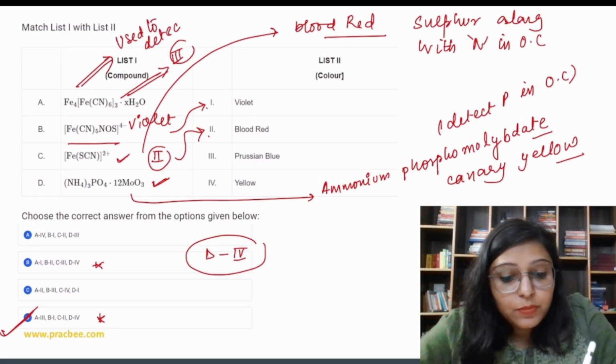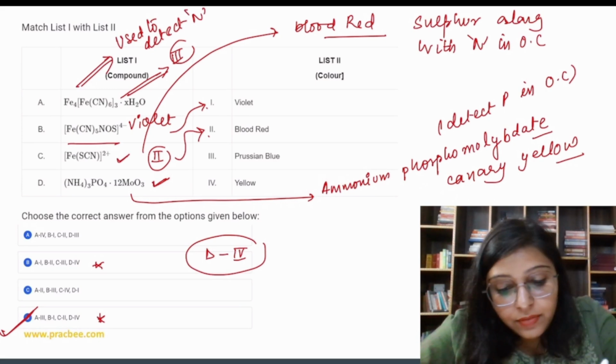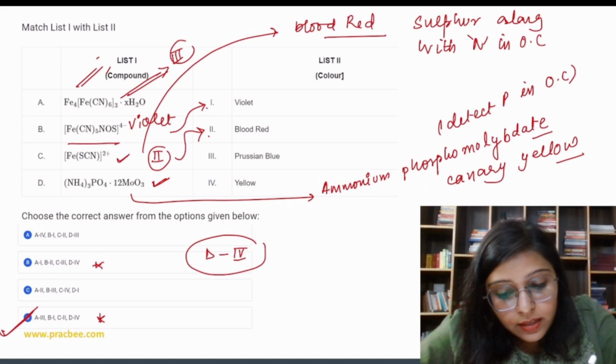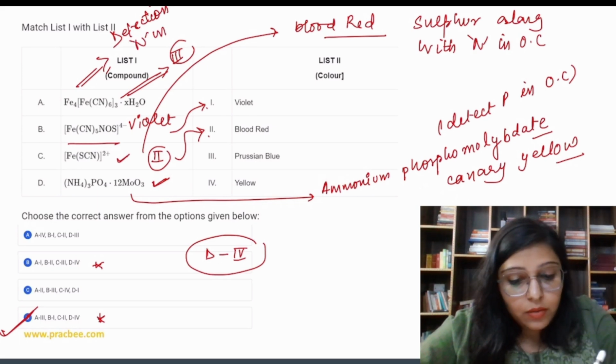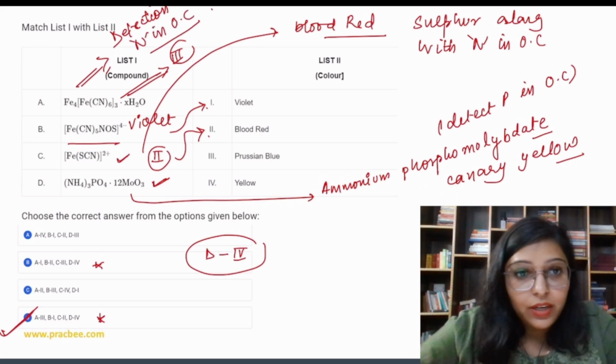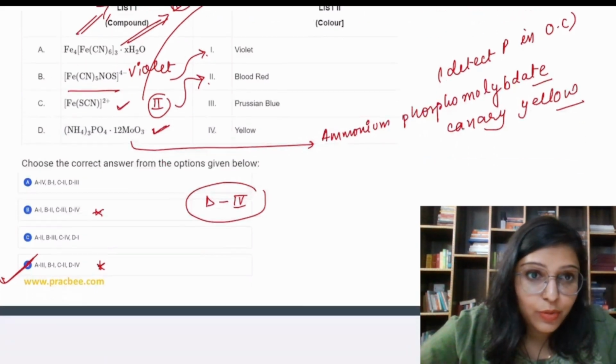This is the compound which is the result when we detect nitrogen in organic compounds. This is completely memory based, so you have to learn it. The more you can learn, the more easily you can solve the question.